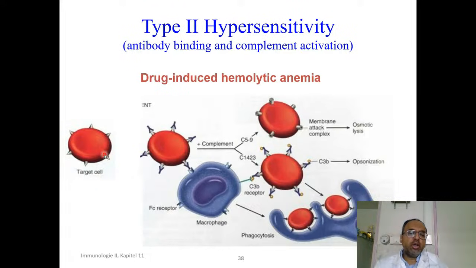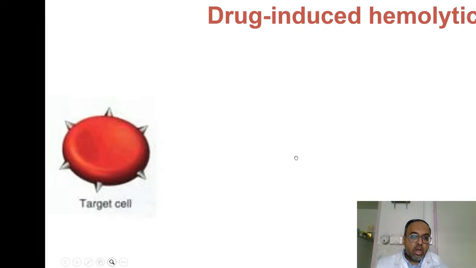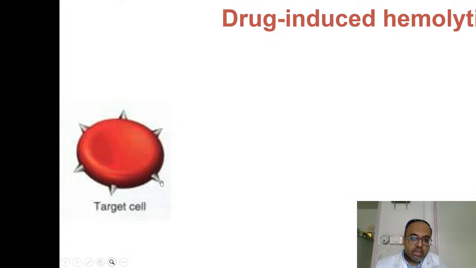We have a group of drugs which can be absorbed to the surface of red blood cells. So in this part of the picture, in this one, I have a red blood cell, and these tiny spikes that you're seeing are drug molecules which have been bound to the surface of the red blood cell.